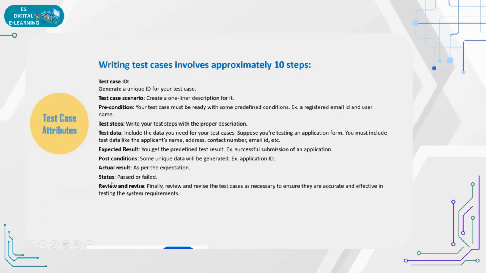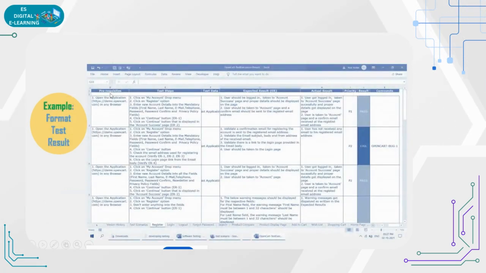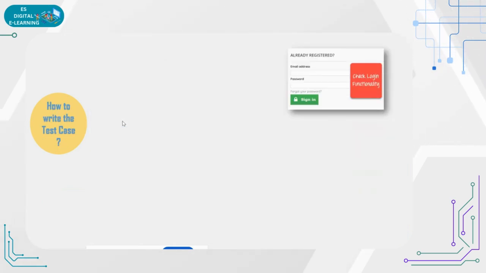Okay, if you see here, we have the sheet with the test steps, test data, expected result, action, the priority, result, comments. All these options will be there. This is the example format, I can say. So whatever I showed, you can go through the UDS sheet, see what the options are, and how to write the test cases.